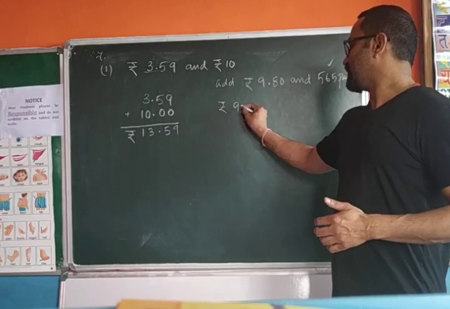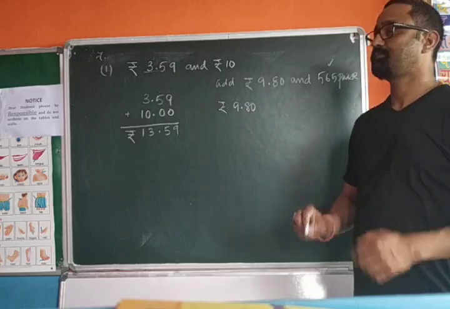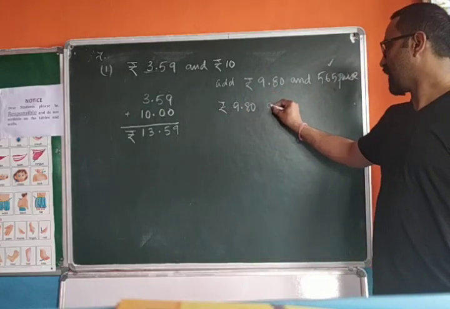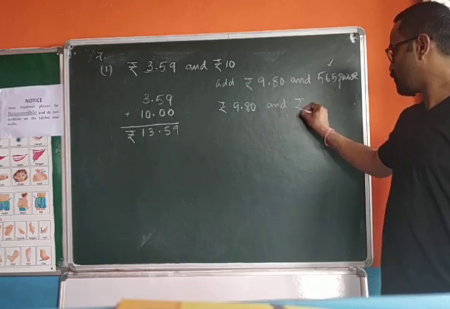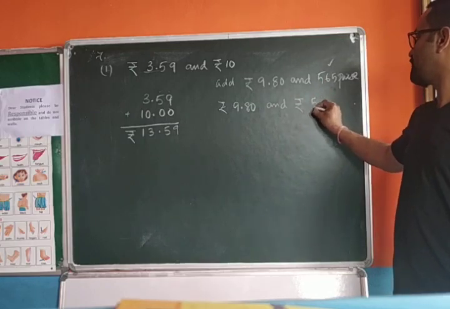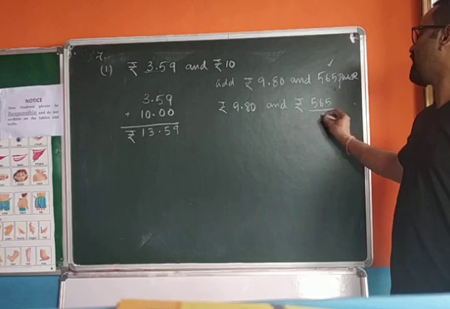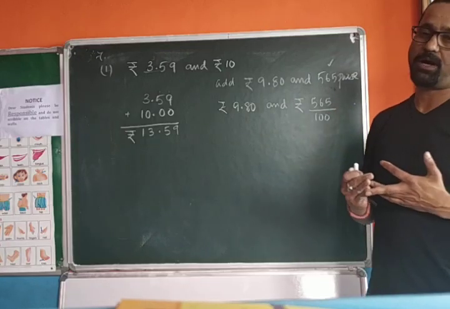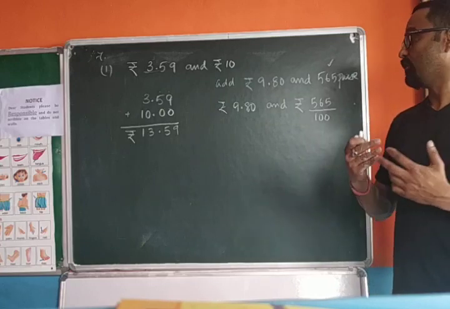Rupees 9.80 you write. Then this conversion, write rupees 565 divided by 100. When paise is divided by 100, it gets converted to rupees.